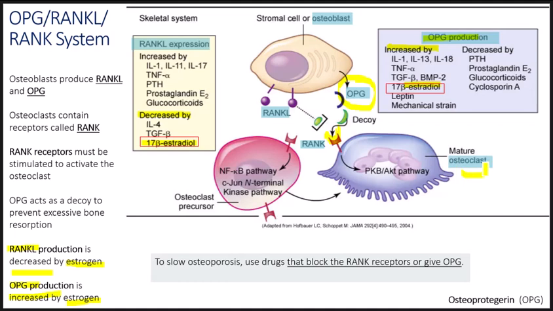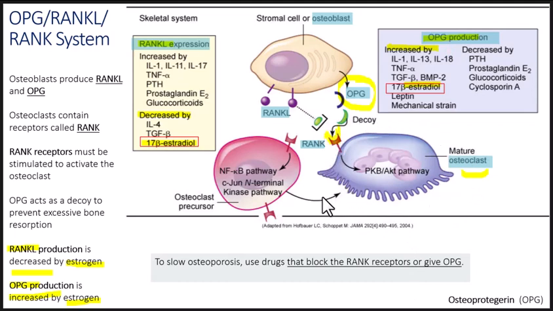But the problem after menopause is that there's less estrogen that's produced. If there's less estrogen produced, it means there's going to be more RANKL expression. It also means there's going to be less OPG production. And so in this case, we're going to see more stimulation of these osteoclasts.